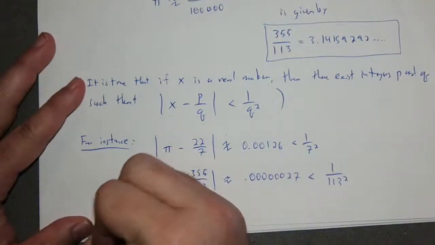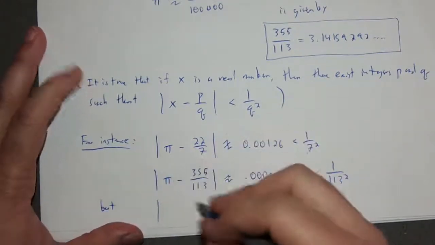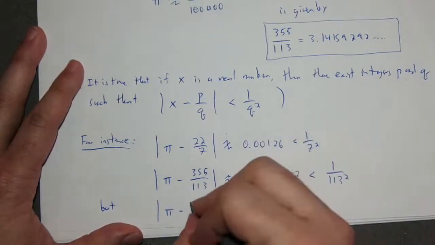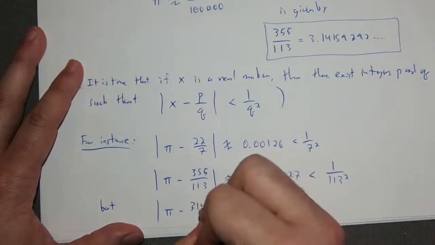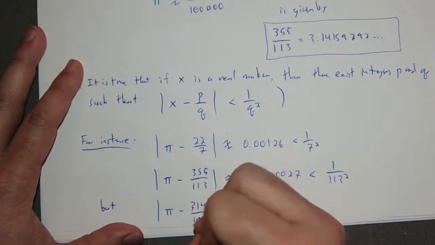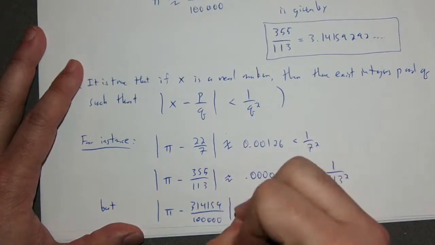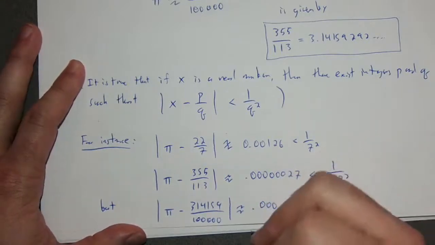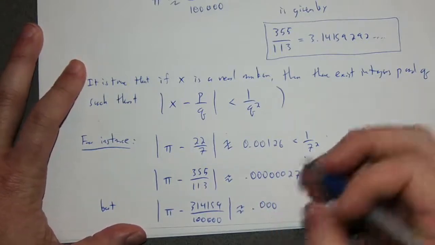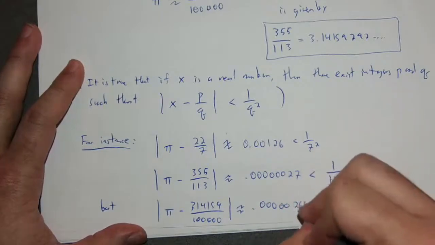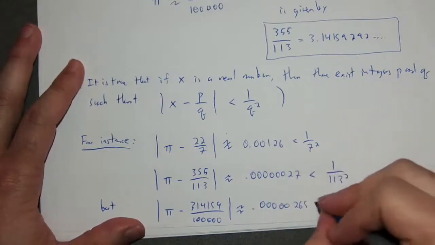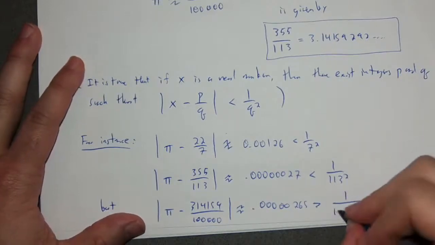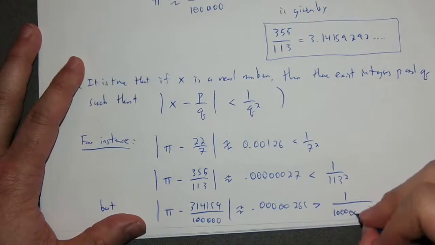But pi minus the example that we did here, 314,159 over 100,000, is approximately 0.0000265, which is bigger than 1 over 100,000 squared.